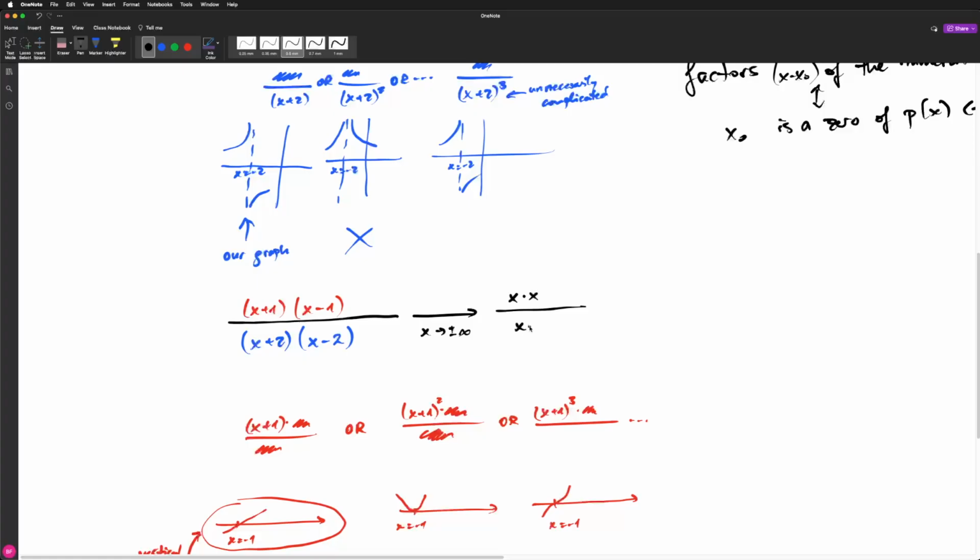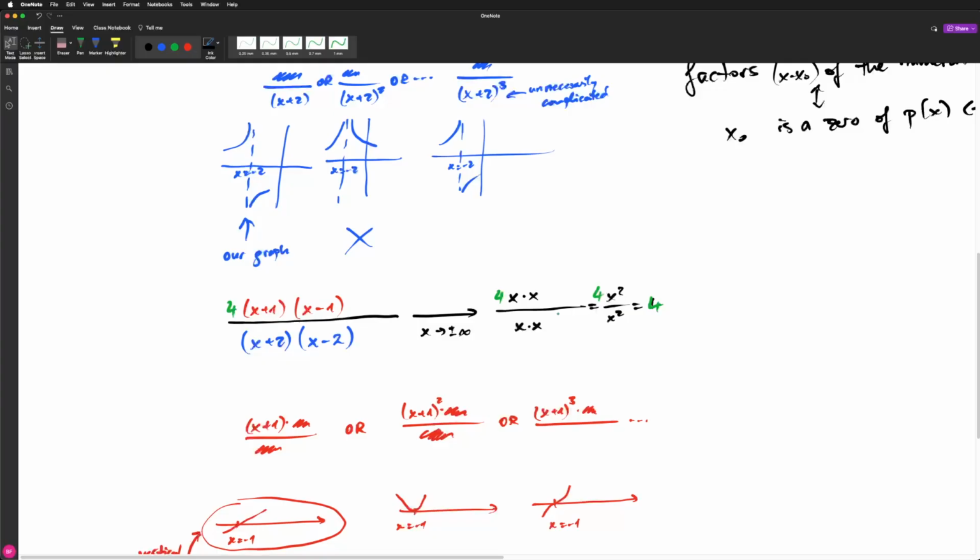Doesn't make a change. It's insignificant. And x squared over x squared, so my outputs will be like 1. This is not what I want. I want my outputs to be like 4. So what am I supposed to do? Well, I'll just multiply whatever I have by 4. And that's the contribution of the horizontal asymptote.